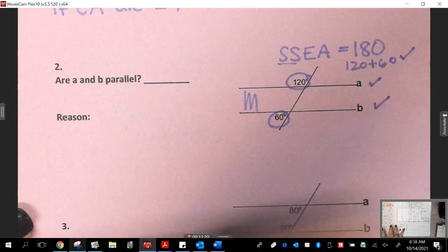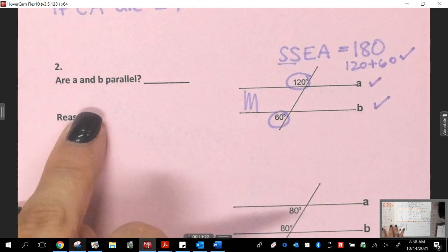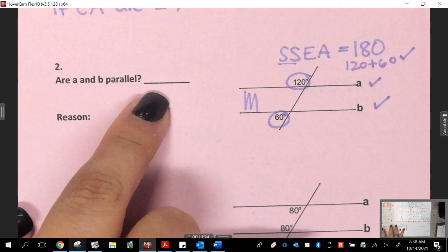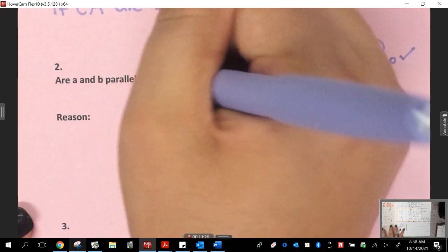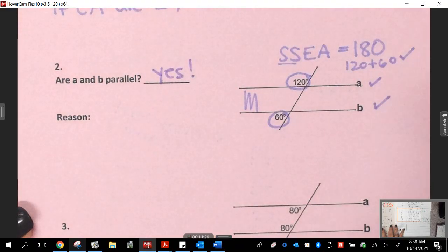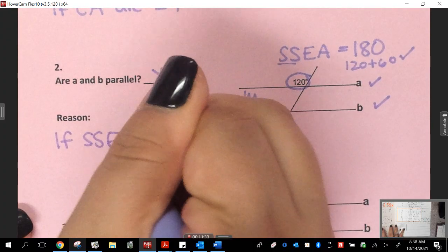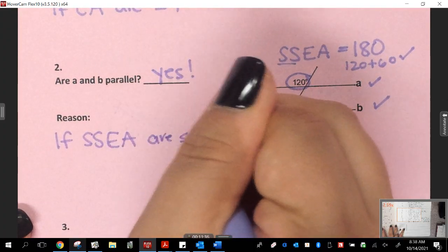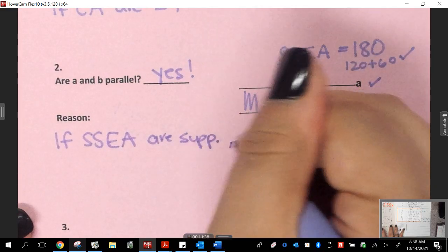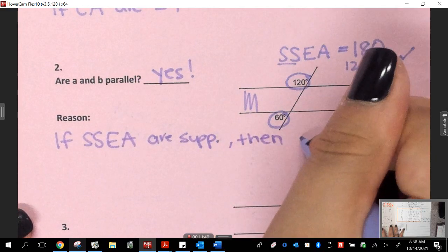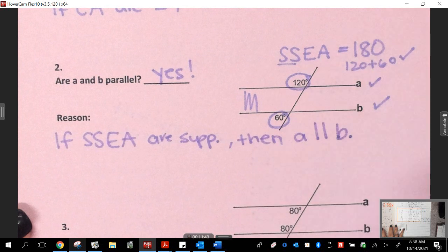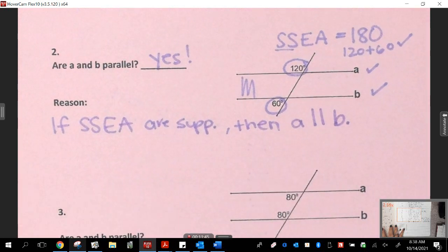Yes. So these are supplementary. So are they parallel? Yes. Why? If same side exterior angles are sup, then A is parallel to B. If your SSEA equals 180, then they are parallel.